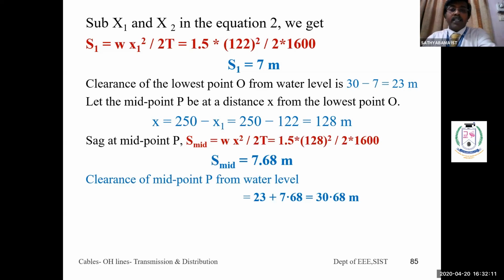So X we already found is 128 meters. While substituting, S mid is equal to 7.68 meters. So the clearance of the midpoint P from water level is 23 plus 7.68, which gives 30.68. This 30.68 is the midpoint clearance from your water level.